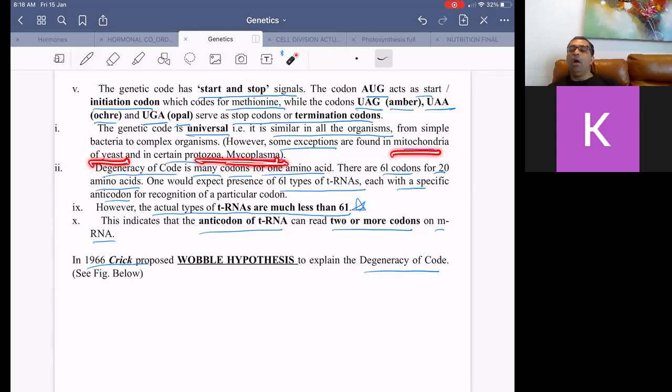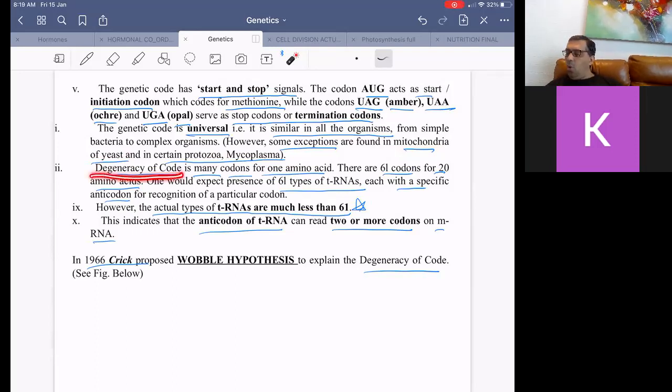They will have a different sequence of codons for different sequences of amino acids. So this was it, and we will now analyze a very beautiful logic.